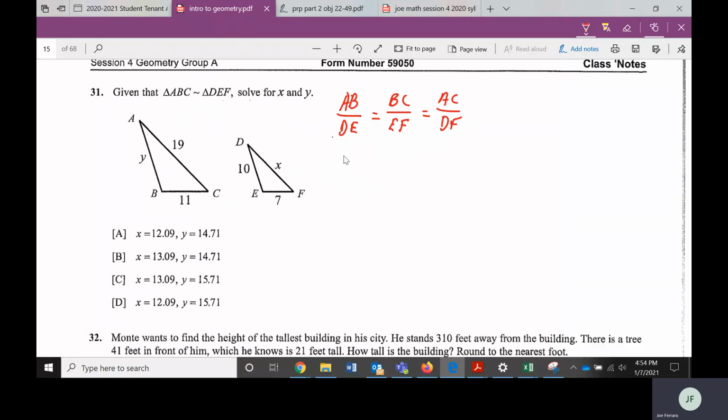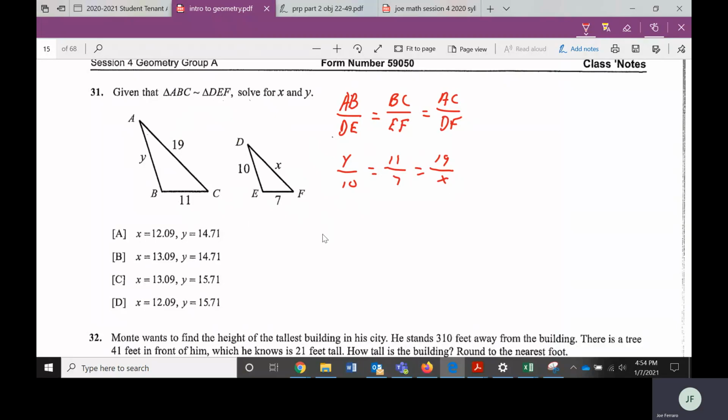So AB is Y, DE is 10, BC is 11, EF is 7, AC is 19, and DF is X.